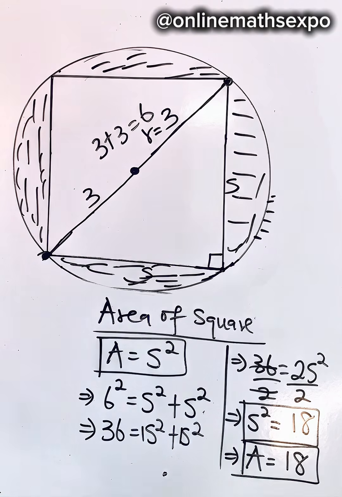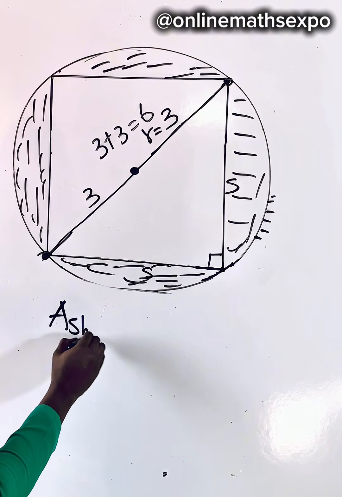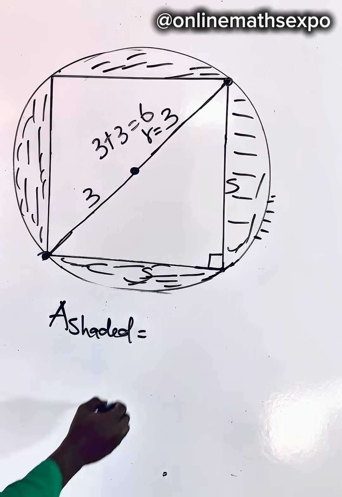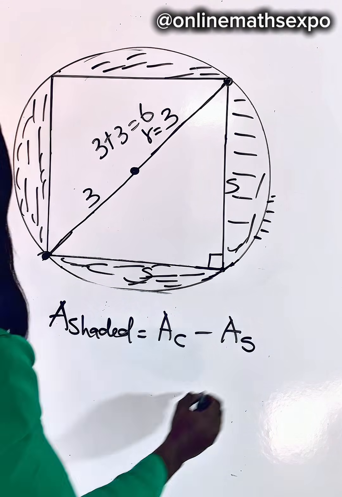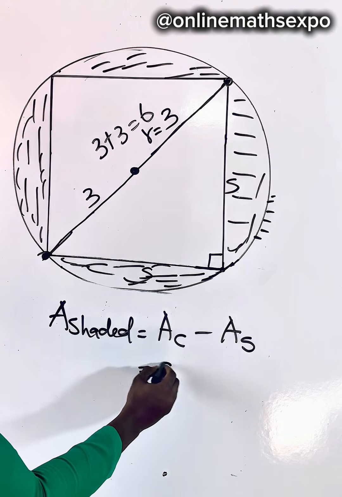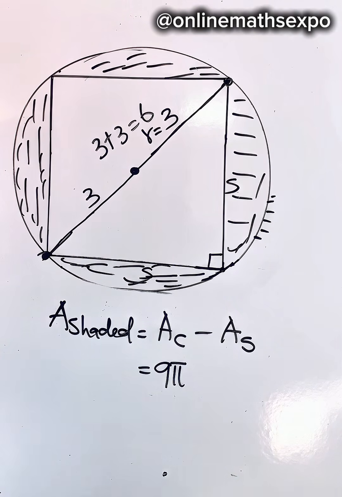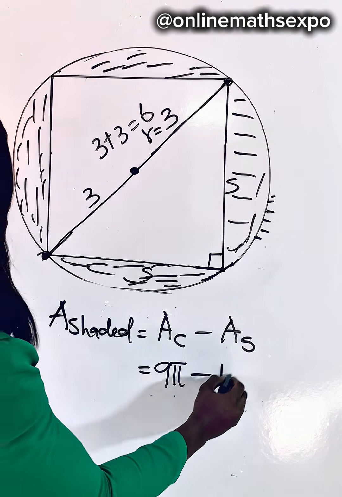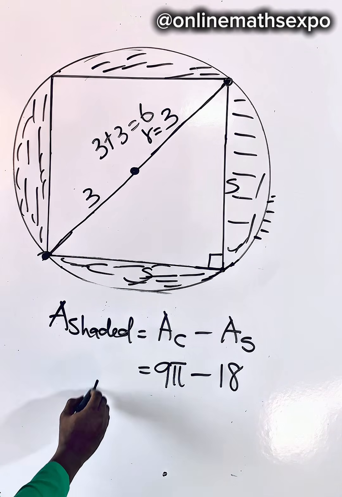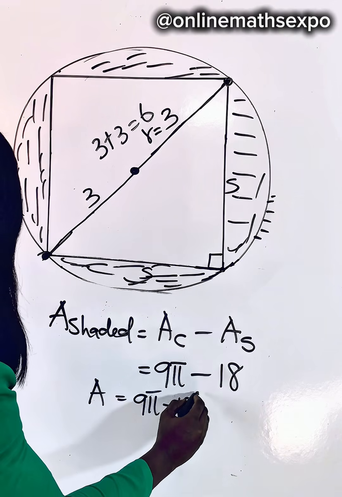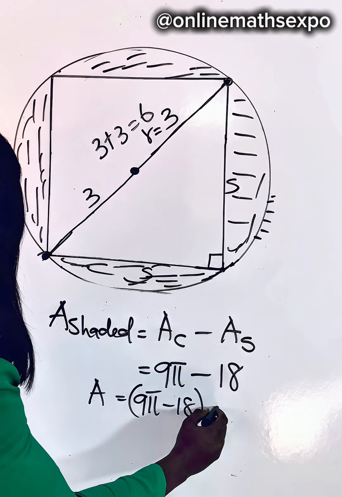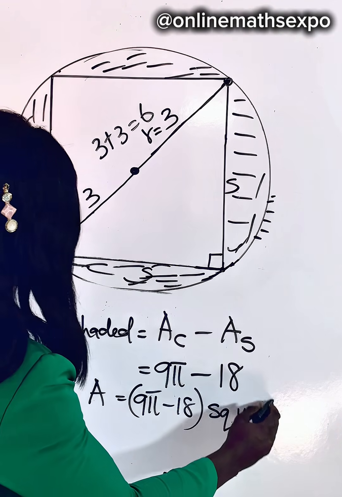So now that we have found the area of the square, let's get the area of the shaded part. The area of the shaded part is area of circle minus area of square. We got the area of the circle as 9 pi, and the area of the square as 18. So the area of the shaded part is 9 pi minus 18 square units.